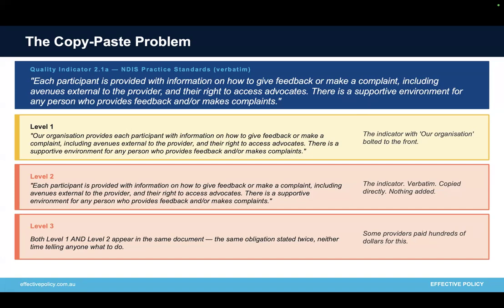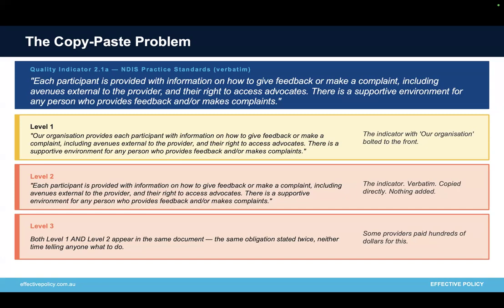A lot of auditors are not allowing that anymore, and I'm really pleased about that. And the thing is, though, that more auditors need to know their job and do their job better, and more consultants need to get that feedback and pull their finger out and write their policies properly.